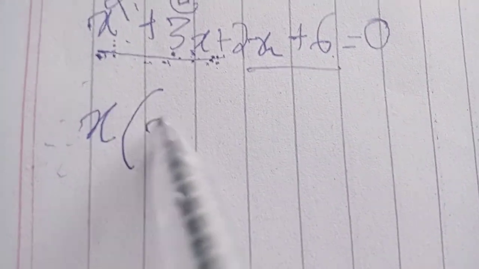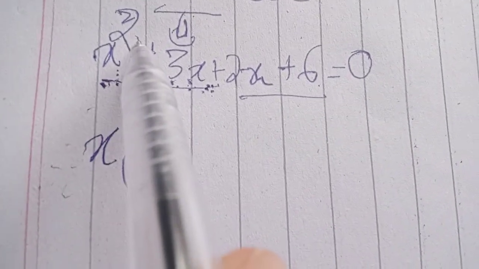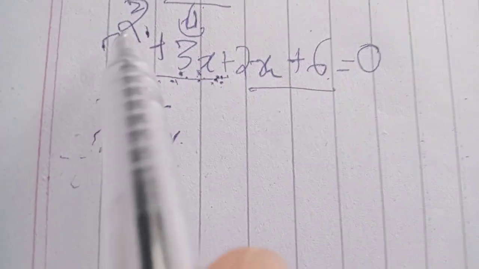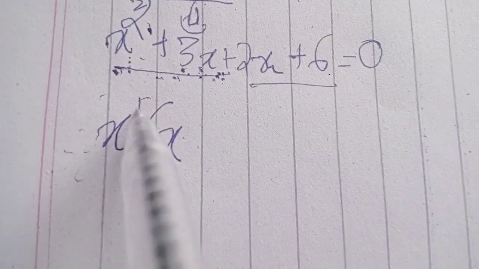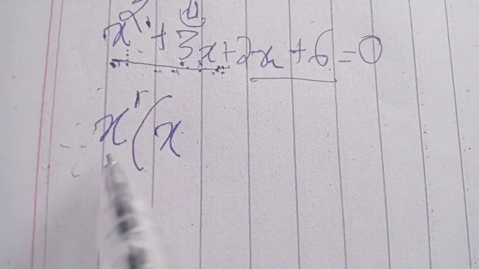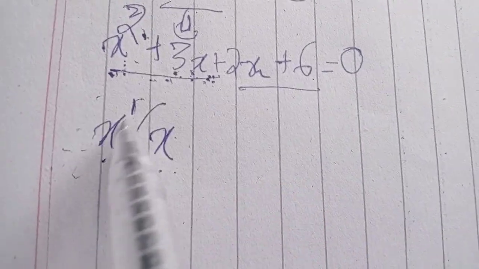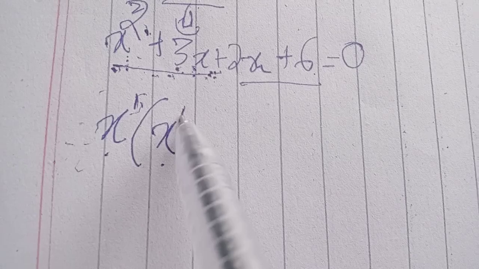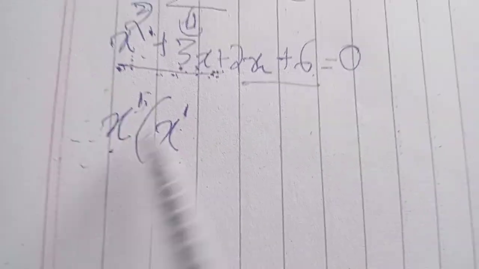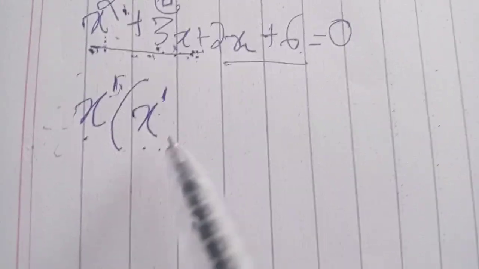Now here was x squared, meaning x power 2. The one x with power 1 is outside, so here it becomes 2 minus 1, and we get x power 1, which is ignored to write. I am just writing it for your reference.